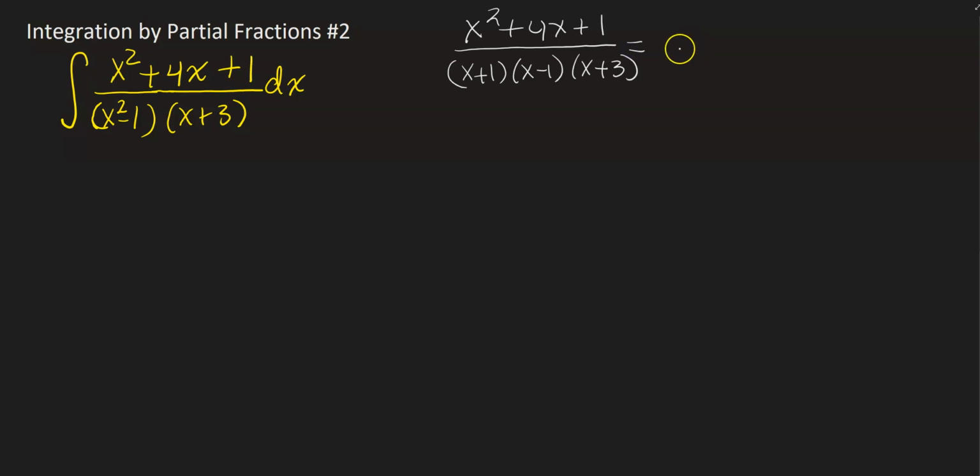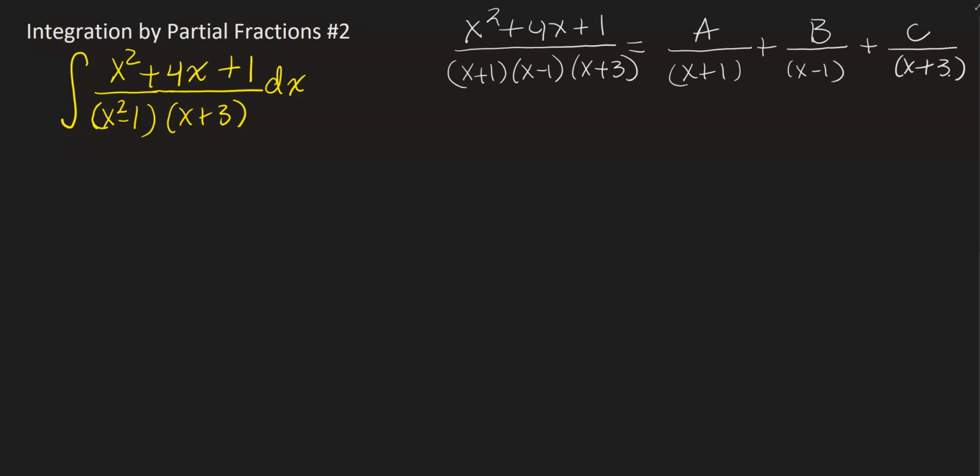So it looks like we have 3 linear factors. So we will have 3 partial fractions with constants on top, A, B, C, and the first one would be x plus 1, and then x minus 1, and then x plus 3, right?